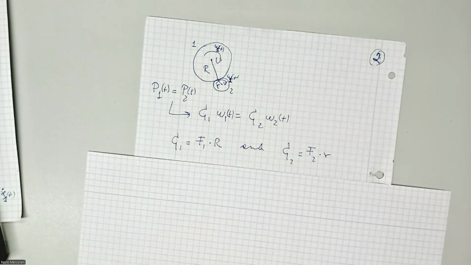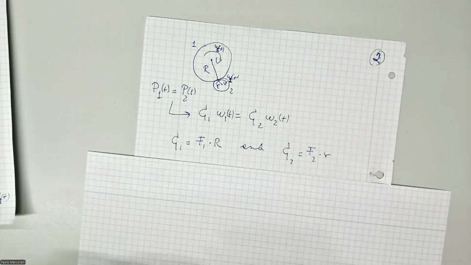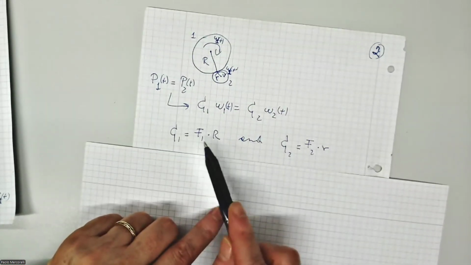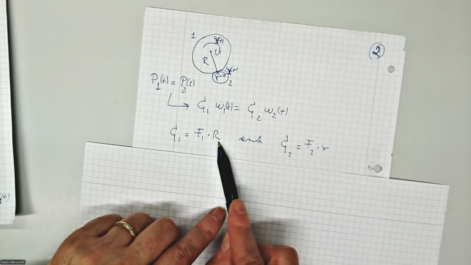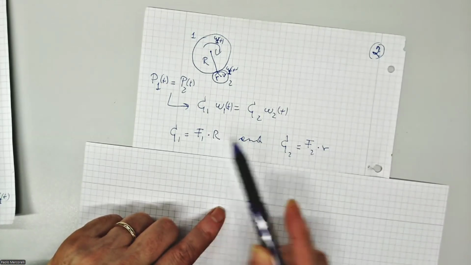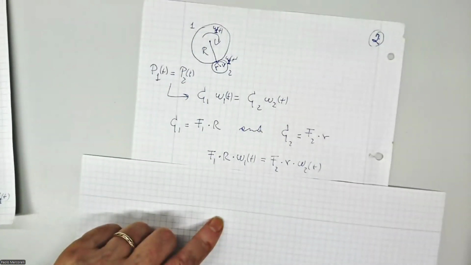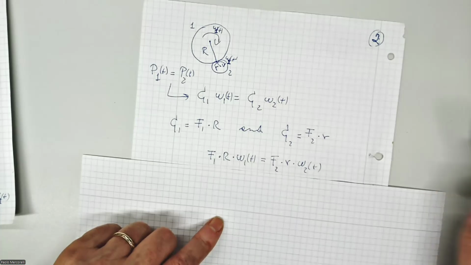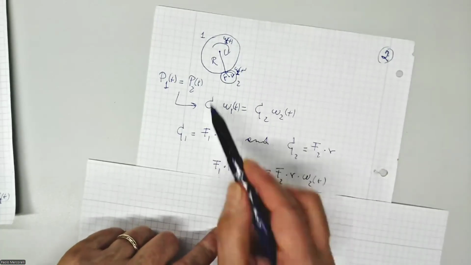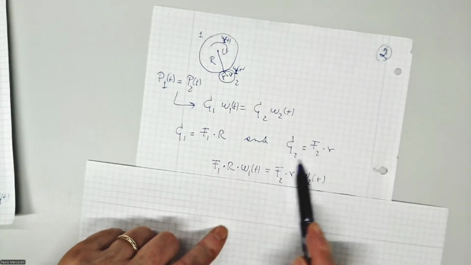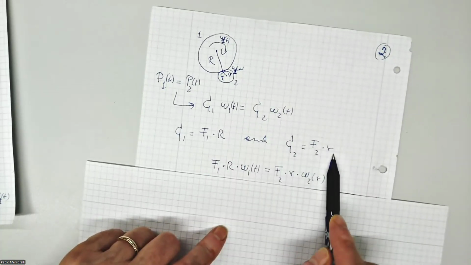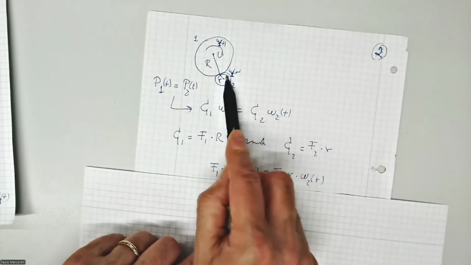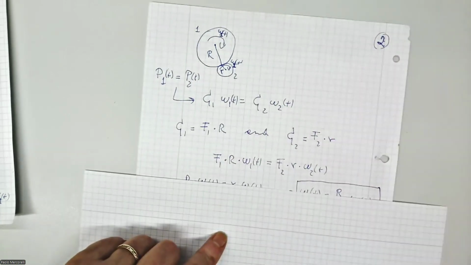The reason is we didn't consider losses inside, but anyway. C1 is F1 multiplied by R. It's basically the force which can be applied multiplied by the radius. No, this is the torque. C2 is F2 multiplied by the radius, but considering wheel number two.